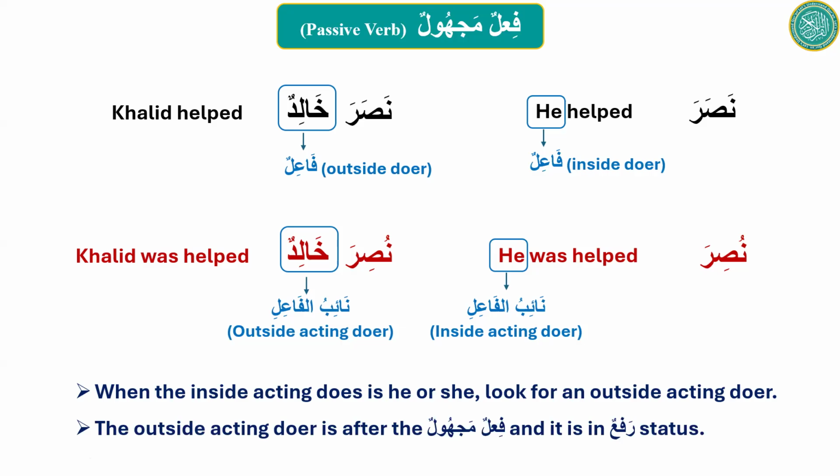So the rules for the naibul fa'il are the same as for the doer, inside doer or outside doer. That is why we call it naibul fa'il, because it behaves like a doer. It is at the place where the doer was supposed to be. And naibul fa'il works with the fi'l and makes a jumla, right?